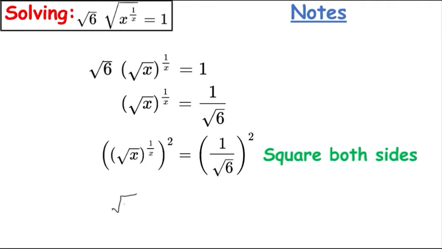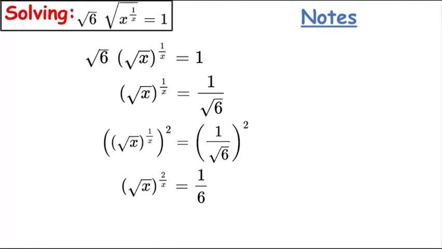Apply the power rule and we can write the square root of x all to the power of 2 over x, as a 2 will multiply in by the fraction. And on the other side, we will square out the numbers. So 1 squared is 1, and the square root of 6 squared is 6.